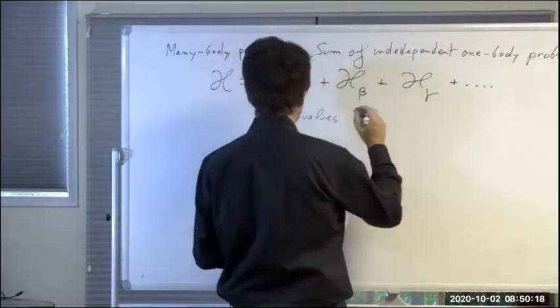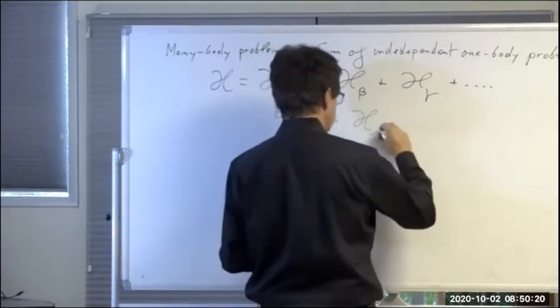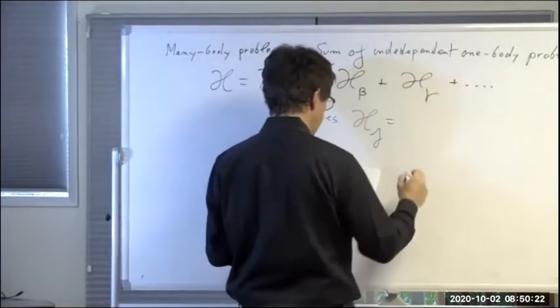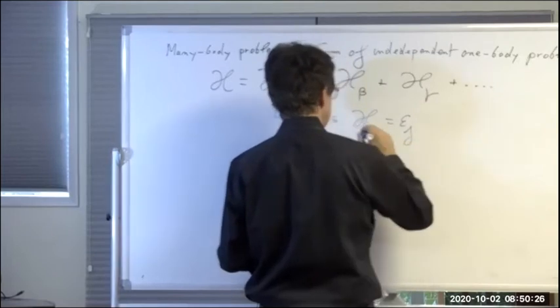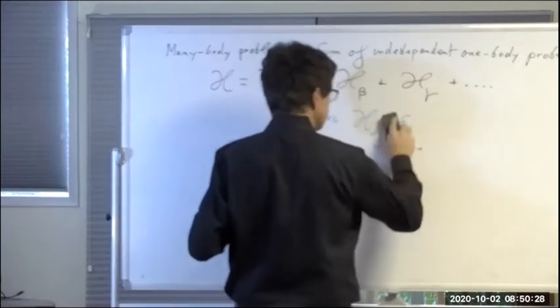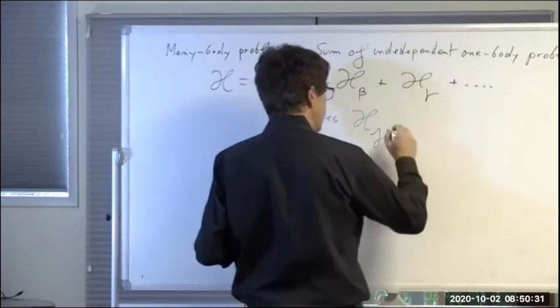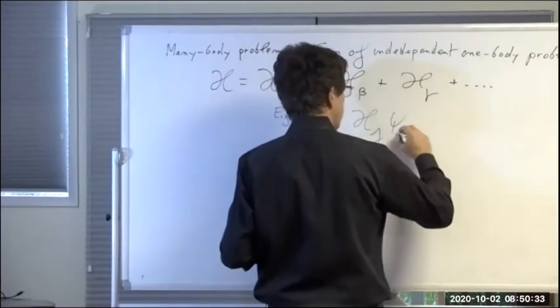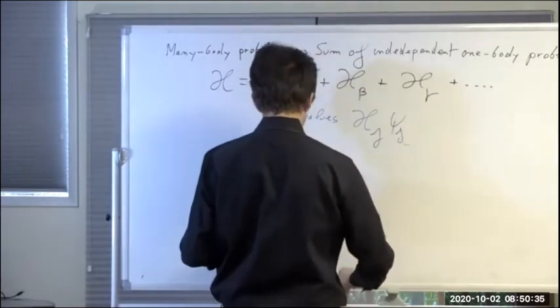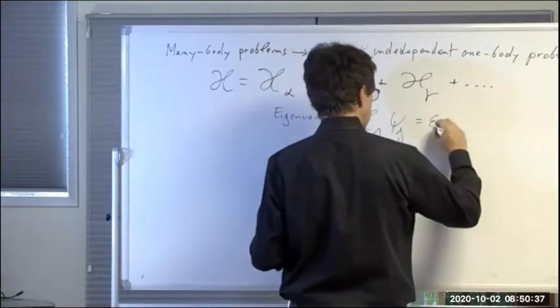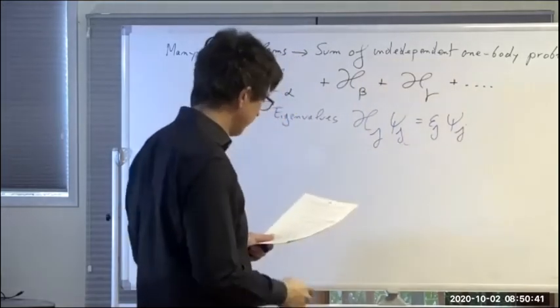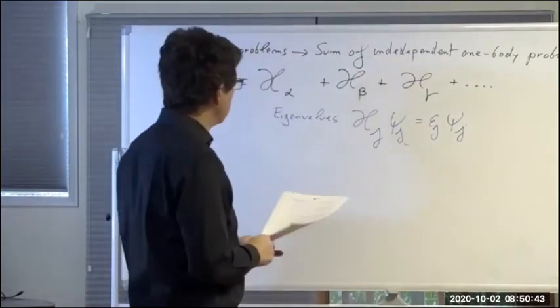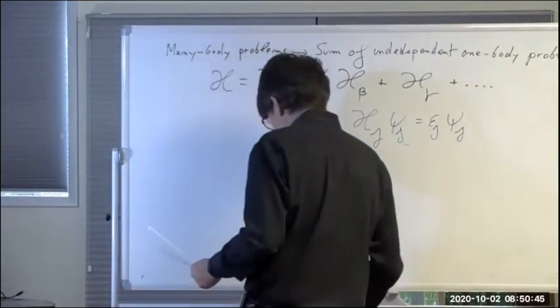So H j operating on psi j would give me epsilon j psi j. Well, if that's true, then I can actually solve the many-body problem.